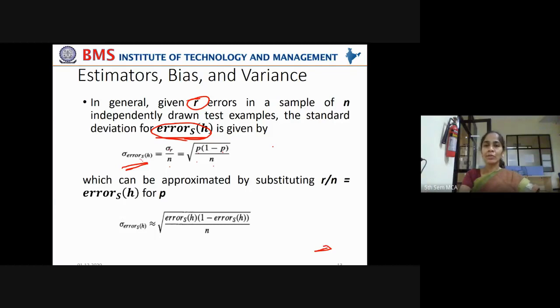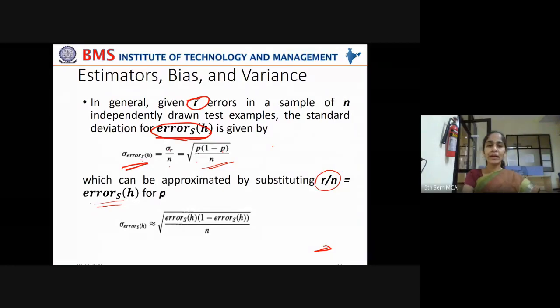Well, square root of p into 1 minus p divided by the total number of data points can be approximated by substituting R by n, the sample error, for p.